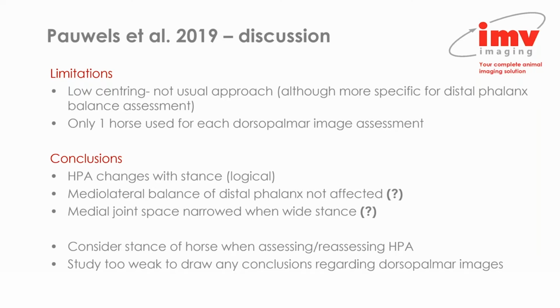And generally, I think, again, this brings about the fact that it is best to have a standardized protocol of positioning patients, whereby each time we take a lateral medial or dorsal palmar radiograph, the metacarpal region should be vertical or perpendicular to the ground in order to have consistency between radiographs of different horses, but also within the same horse if we're doing reassessments. However, the study is too weak to draw any conclusion regarding the dorsal palmar images.